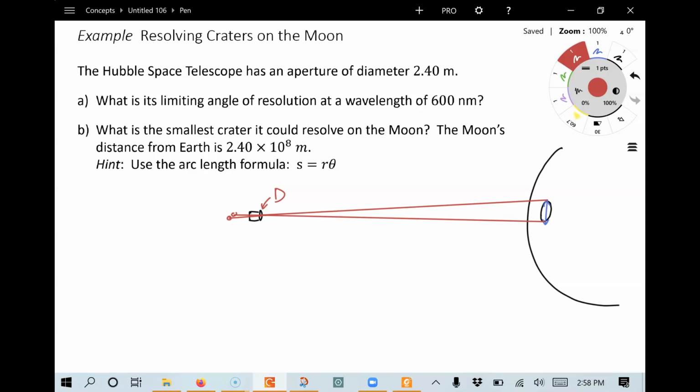If they blend together too much, we can't resolve them. Rayleigh came up with a criterion for the limiting amount. What's the smallest angle we can have so that we can resolve that there's two distinct images? We can see distinctly the two edges of the crater, therefore we can resolve the crater.